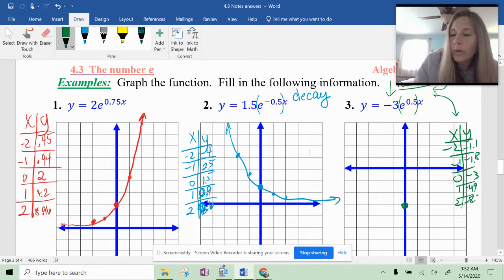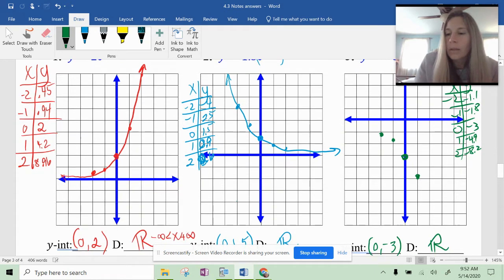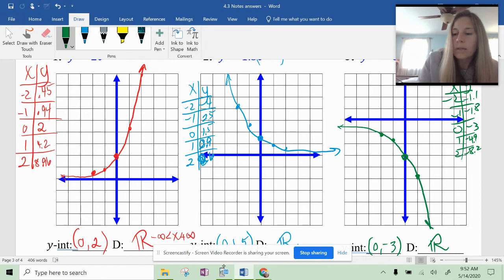I think it's actually 8.2, but all right, so then I'm just plotting these: -2 and -1.1, -1 and -1.8, 0, -3, then 1 and -4.9. And then 2 would be somewhere down here. And as you can see, it is reflected over that x-axis.